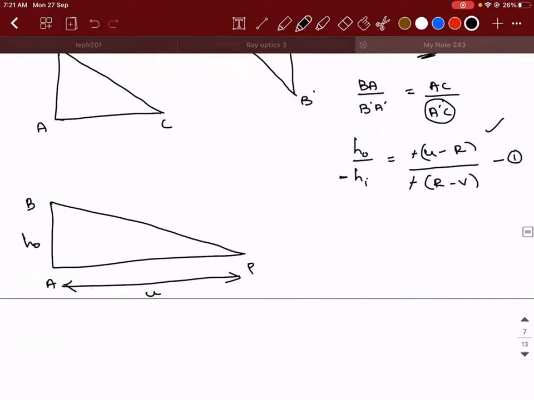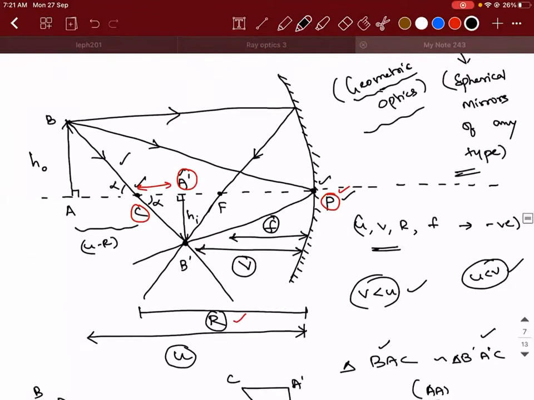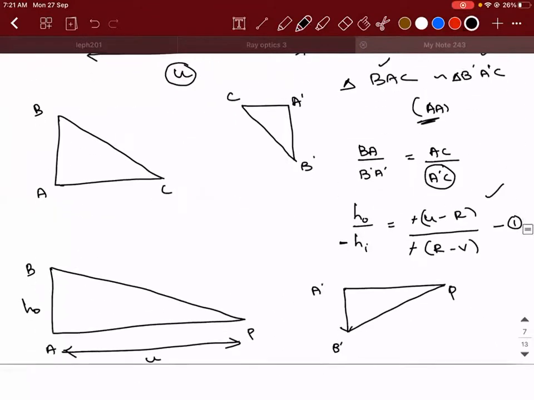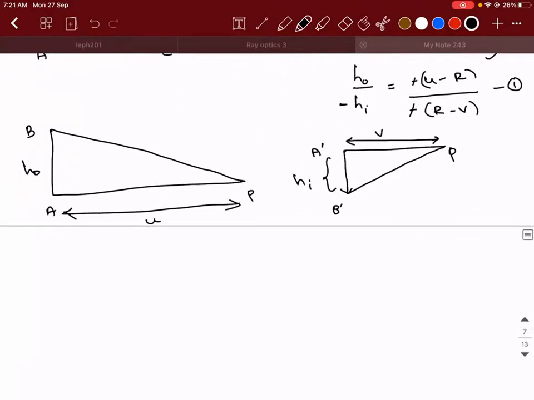Similarly, H naught, this is U. I can take the triangle B dash A dash P also. So if I take the triangle B dash A dash P, then this distance is going to give me V, and B dash A dash is going to give us HI.